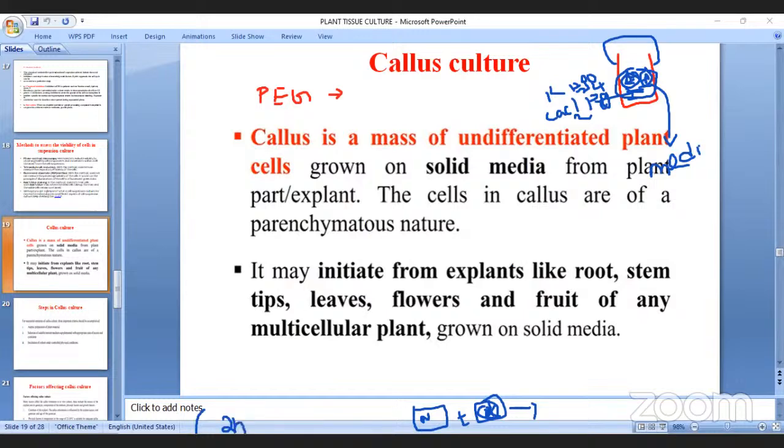Datura mesophyll cells are diploid, and here another mesophyll cell is also diploid. Now the protoplasts of both diploid vegetative cells are separated by mechanical or enzymatic or any method. After that, fusion takes place. As a result, what happens? It forms a polyploid condition, a tetraploid condition.